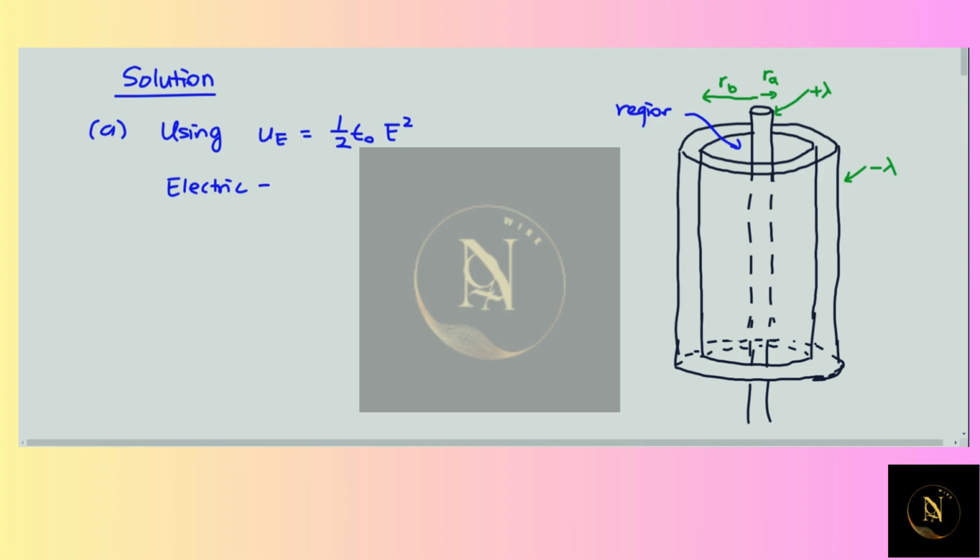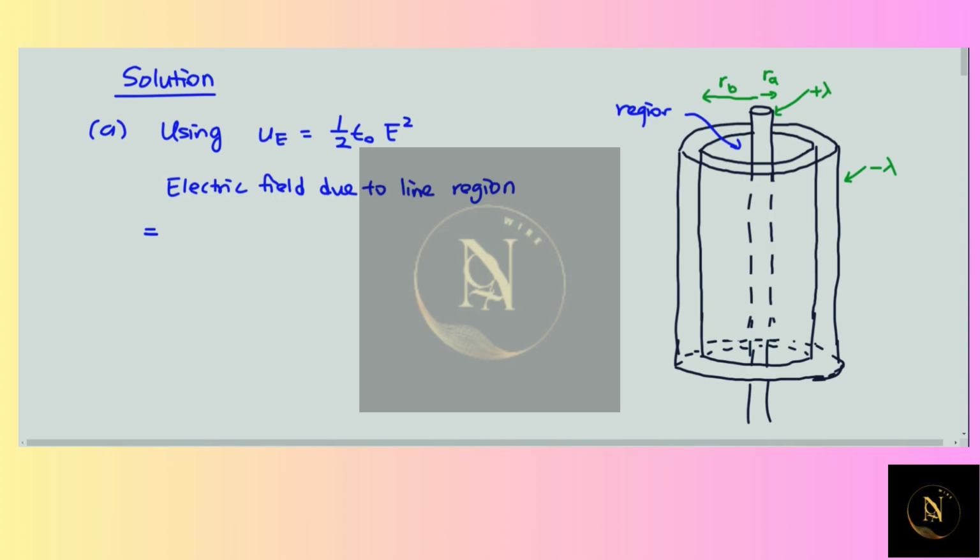So the electric field due to line charge in the region from RA to RB: the only charge distribution that matters is the one in the middle, the inner cylindrical wire.